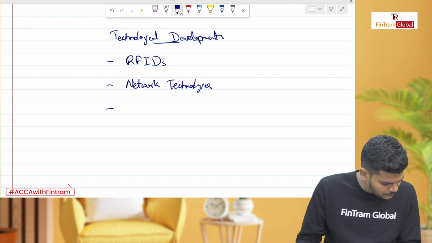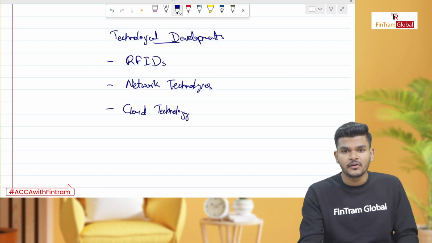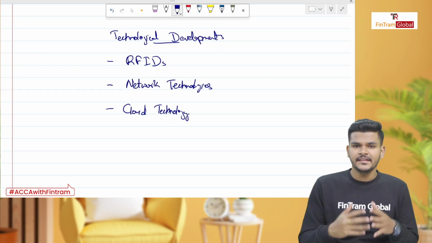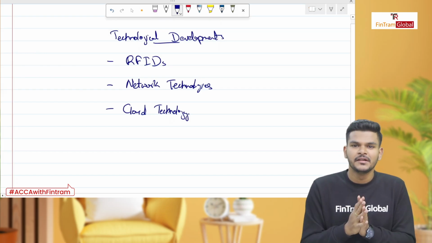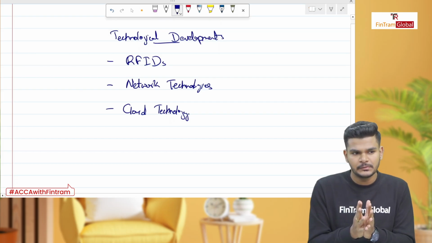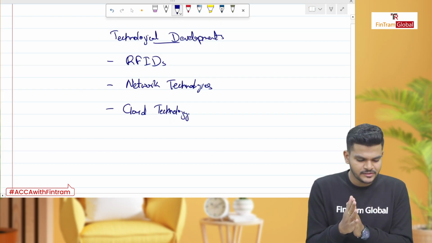And then we also have cloud technology. So what's the idea behind cloud technology? Basically, Google Drive, OneDrive, and many other software can be used as examples.